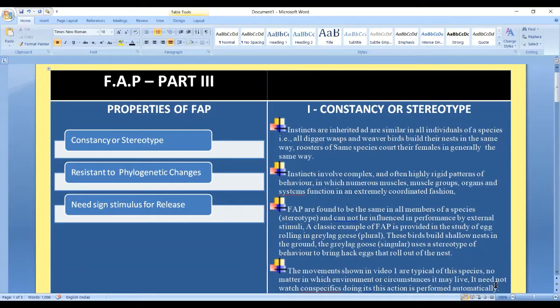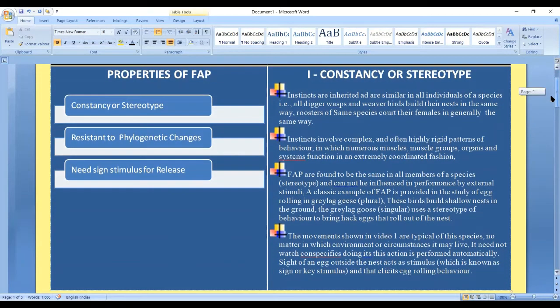Then instincts involve complex and often highly rigid patterns of behavior. We have seen the leg formation in sand grouse. It involves a complex and highly rigid pattern of behavior in which numerous muscles, muscle groups, organs and systems function in an extremely coordinated fashion.